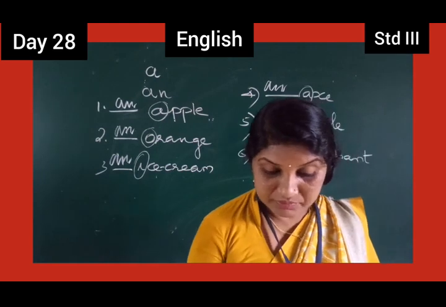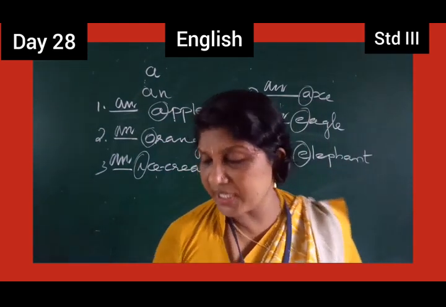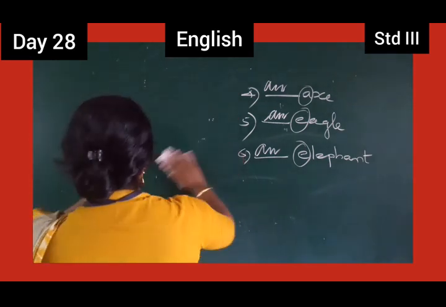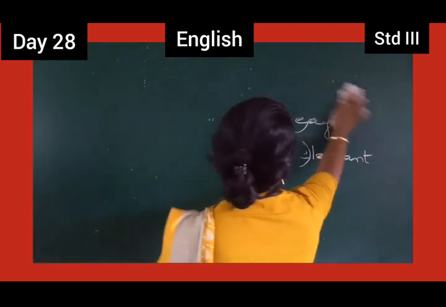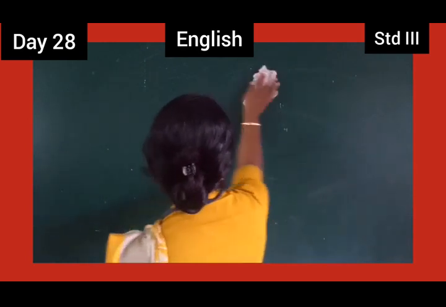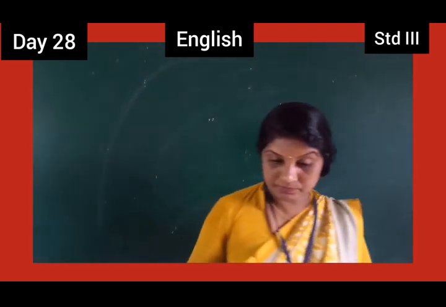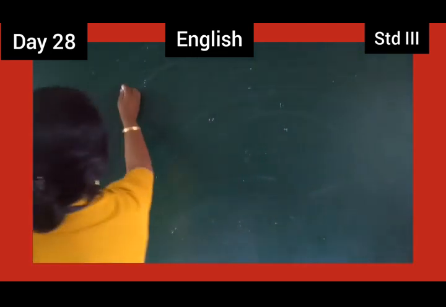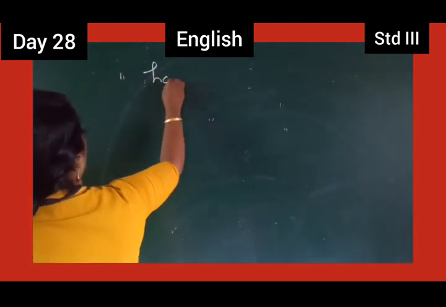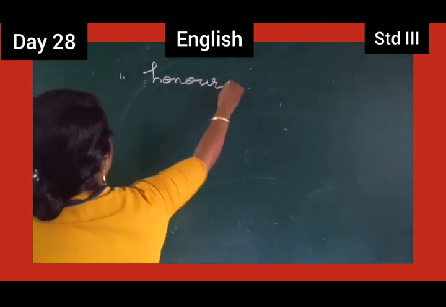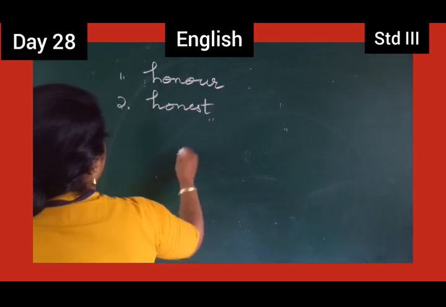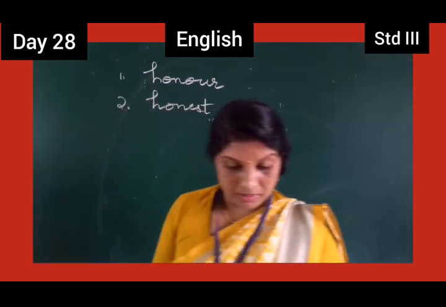Right, children? Then another word you see here, children. Another word. Honor. Honest. You see here.